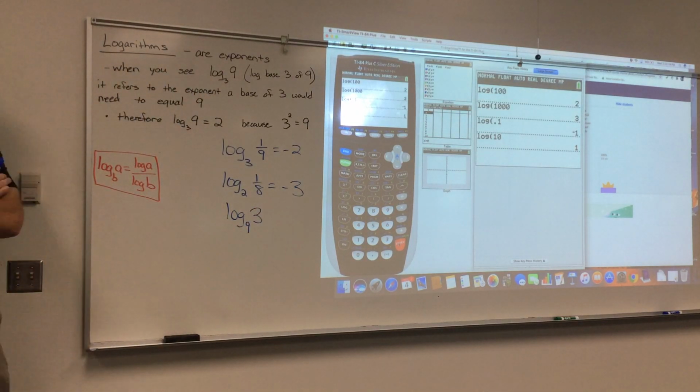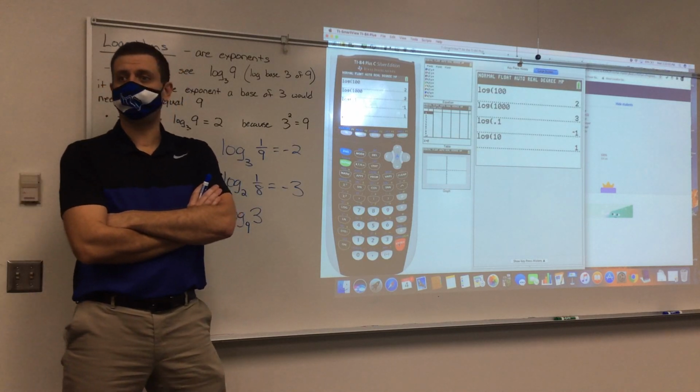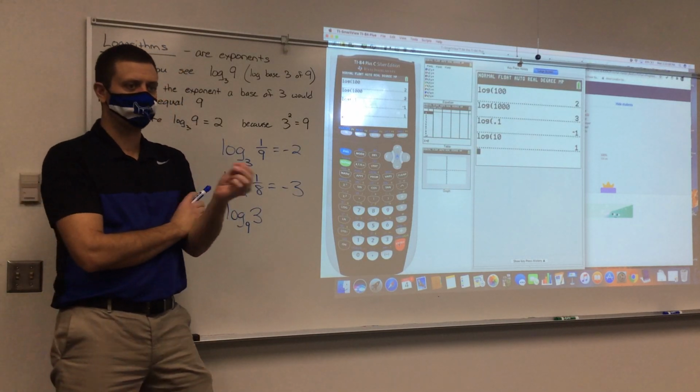How about that? Log base 9 of 3. Wouldn't it be half? When you raise something to the half power, it's actually like square rooting it.